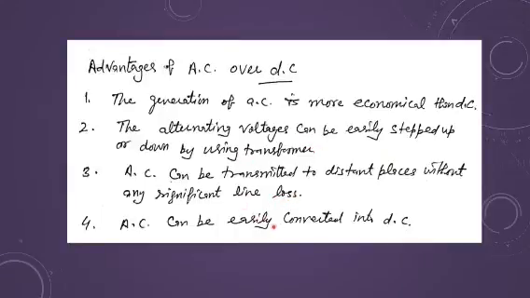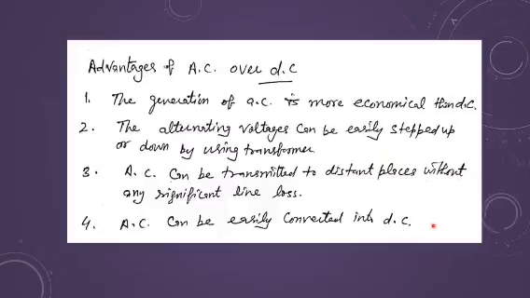And when we want to work with DC, I can convert AC into DC easily using the rectifier circuit. Rectifier circuits are quite easy and feasible to make, so I can convert AC into DC comfortably.